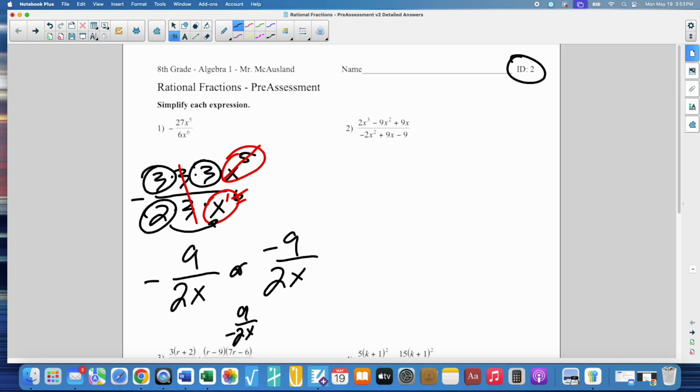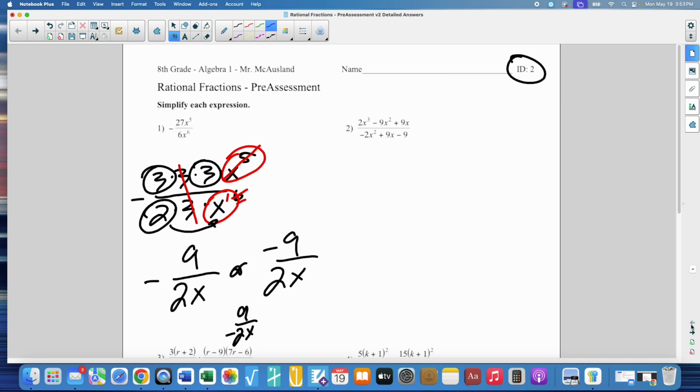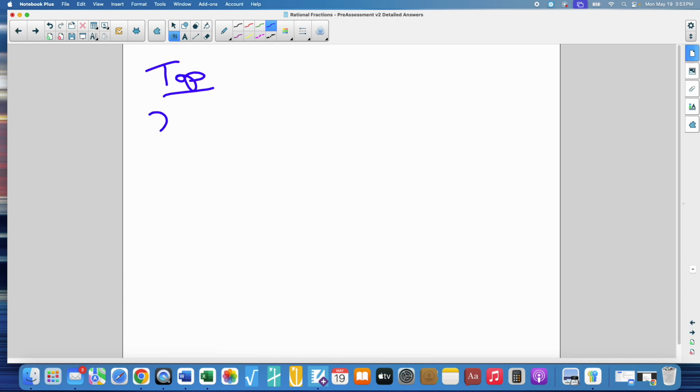Number two, we're going to break up into the top and the bottom. So I'm going to do the top first. And so that's 2x cubed. I should just grab this instead of having to go back and forth on the page. Sorry. Yes, I just did this with my group.